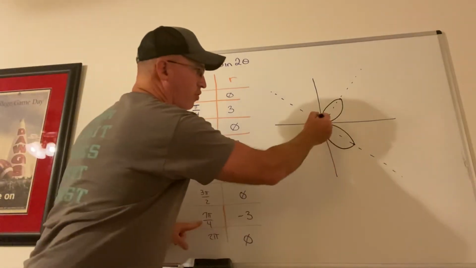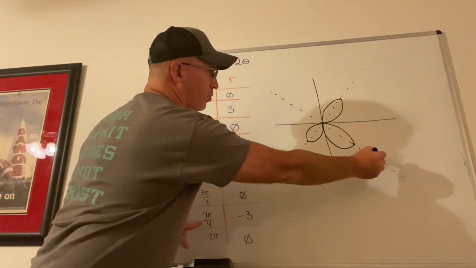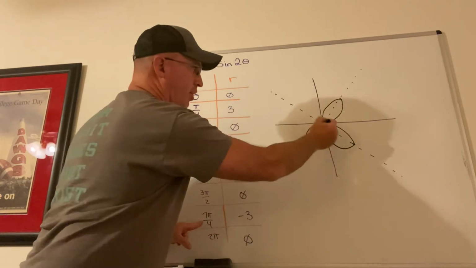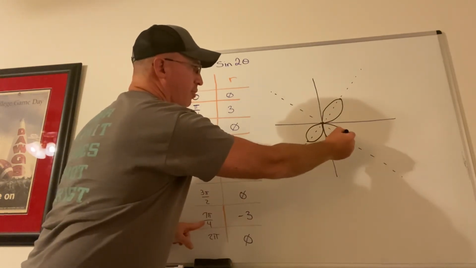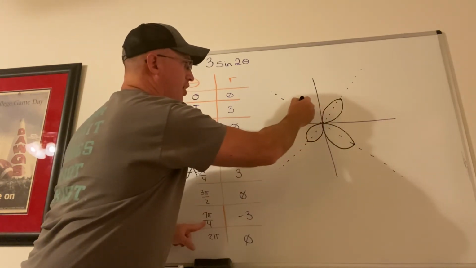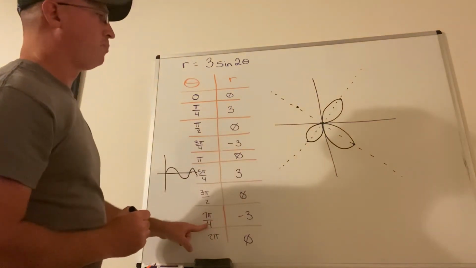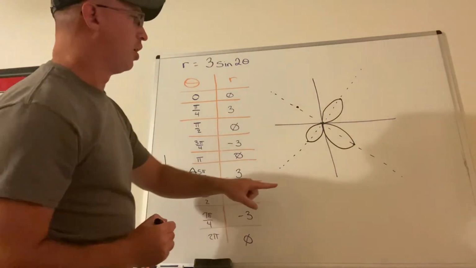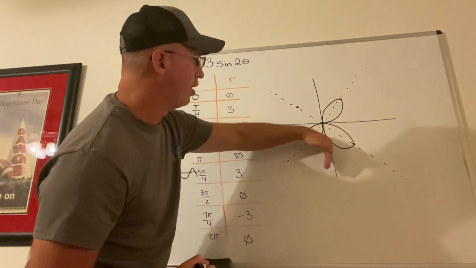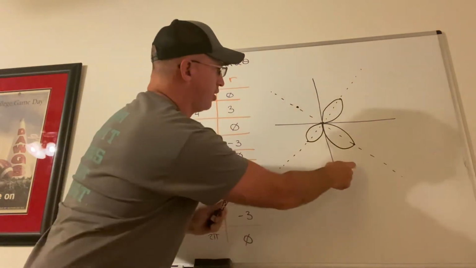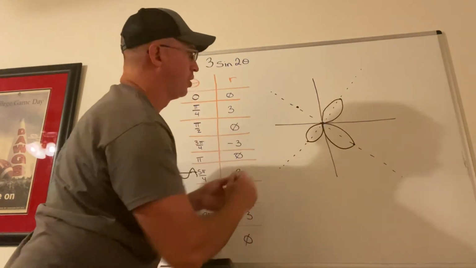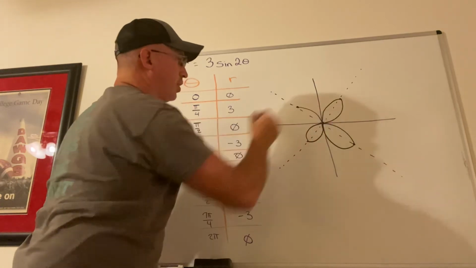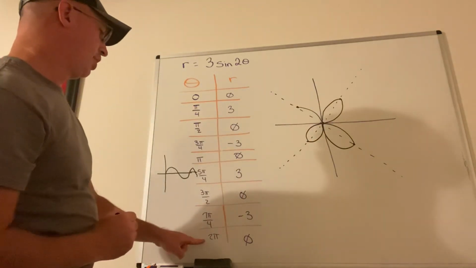Well, 7 pi over 4 would be this point, right? And if it was +3, it'd be here, but it's -3, so it's the total other direction. It's right there, that reflection. So if I'm thinking about here, this reflection is putting me into here. So there's that arc right there. And then 2 pi, 0.